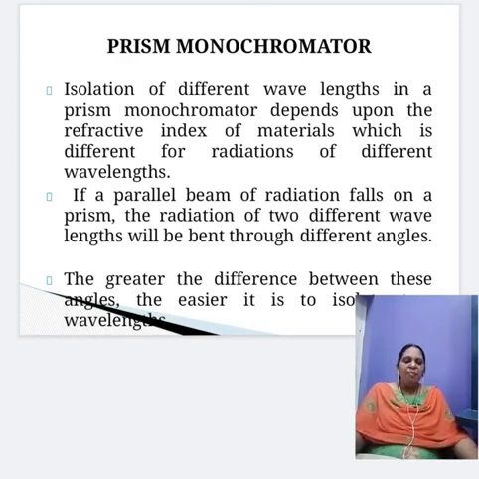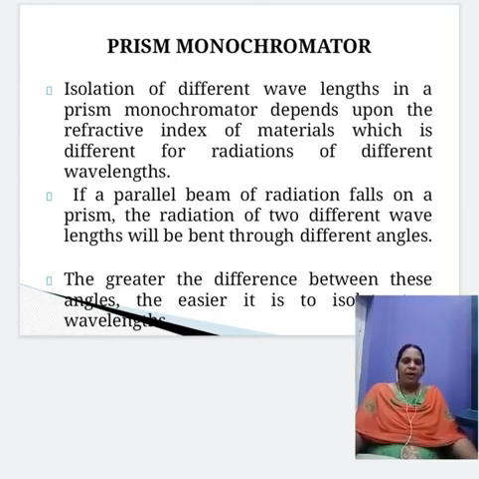If a parallel beam of radiation is made to fall on the prism, radiation of two different wavelengths will be bent through different angles. As you know from the principle of refraction, you will observe the ray bending. That bending action is called refraction.